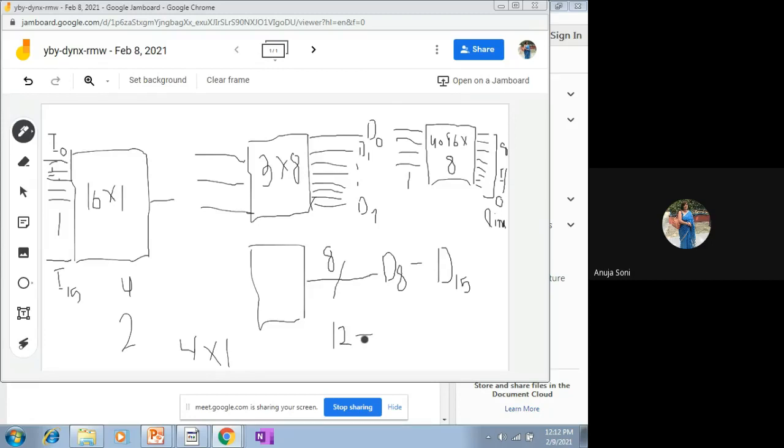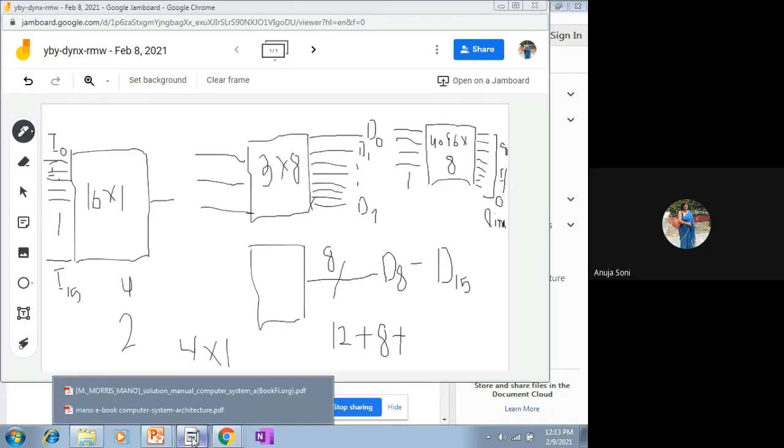Here you draw one line, then a vertical, then a diagonal line, and write 12 instead of drawing all 12 lines. In that way you can show the address lines. So 12 address lines plus 8 input output lines are being used. This kind of abstract diagram you have to draw as well.